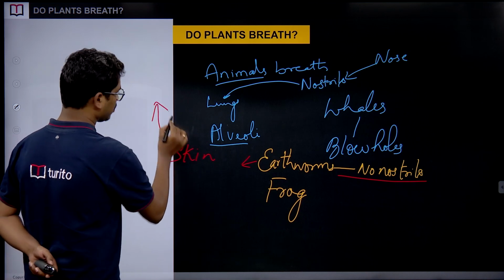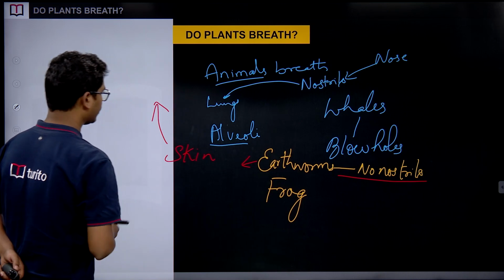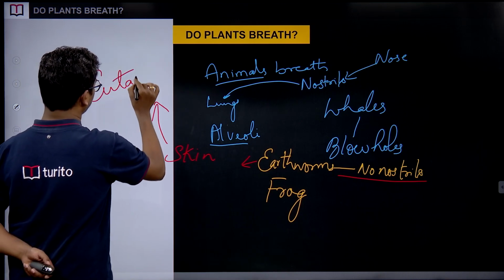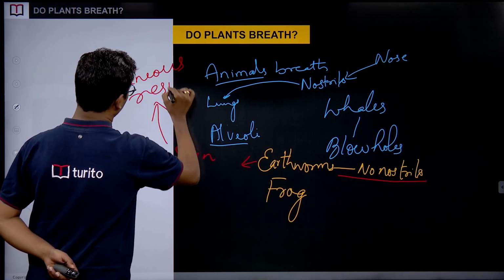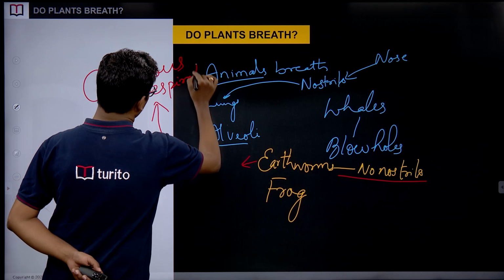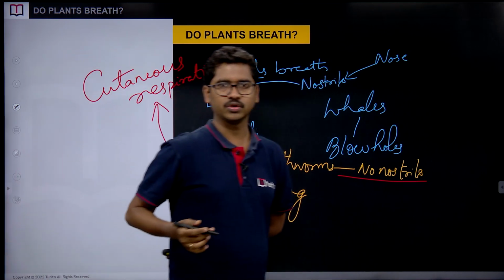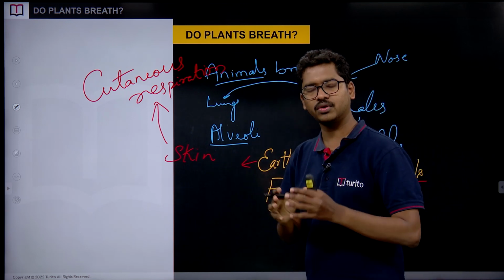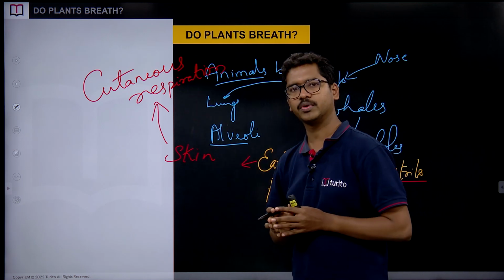If some organisms like worms, earthworms, do the process of respiration using skin, we call that respiration cutaneous respiration. You remember that word, cutaneous respiration? You already crossed Grade 9th, so I hope you might know that word. So that is cutaneous respiration.